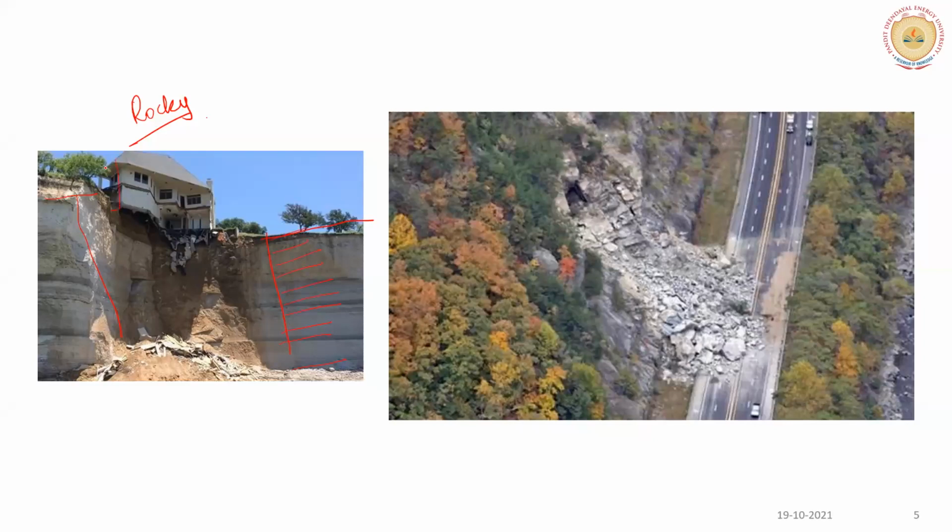On top of it, if you have a structure built on soil that is not very well stabilized, you can see this kind of failure. This is a rock slope failure. Here our road is passing and we can see rock which has fallen on the pavement.